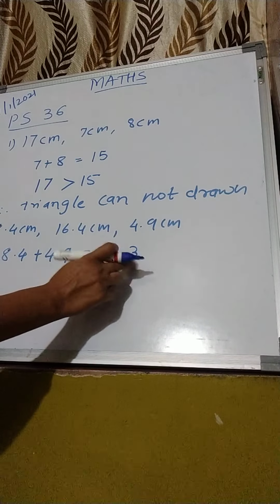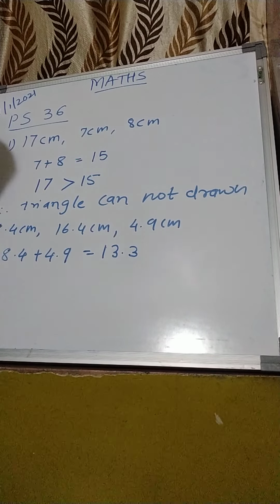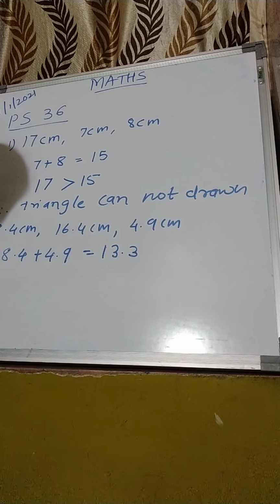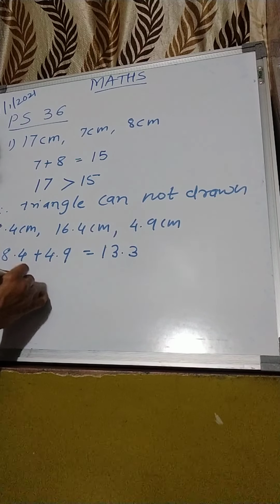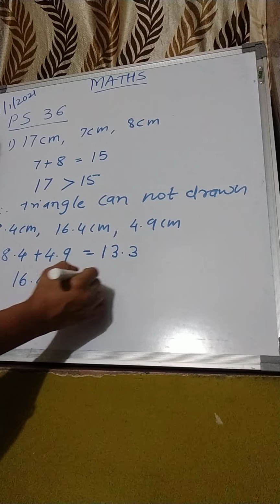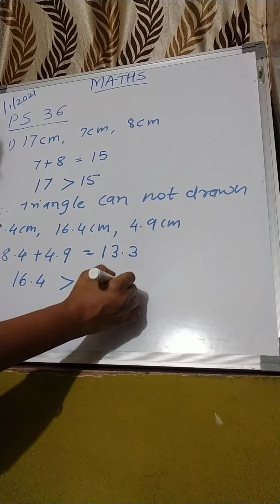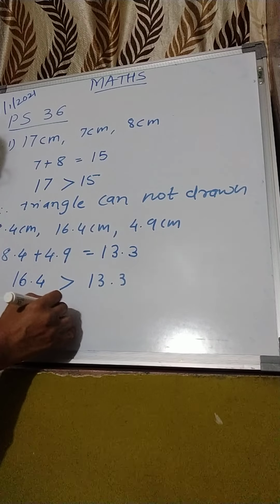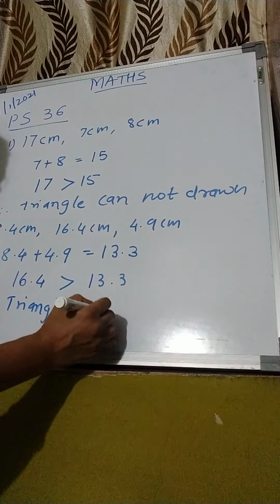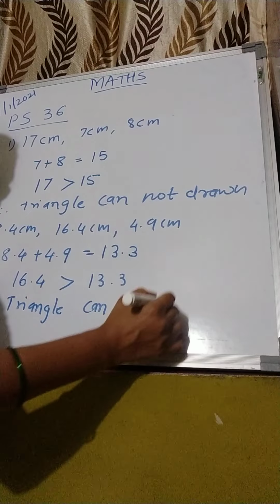So 13.3. Now this 13.3 is also smaller than 16.4, which is the third side. Therefore, the triangle cannot be drawn.